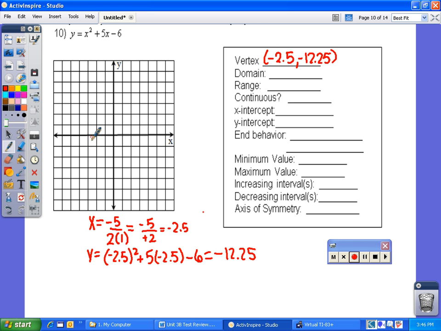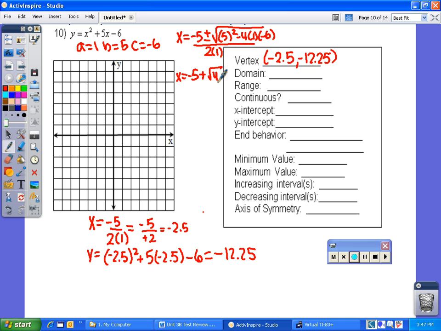Now I need to know what the intercepts are so I can graph it. To do the intercepts, you just do the quadratic formula again. And you will do this on Monday, so you don't have to worry about remembering all of this for tomorrow. This is for Monday. So we have b squared minus 4ac, which winds up being 49.